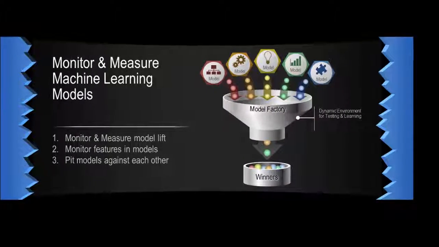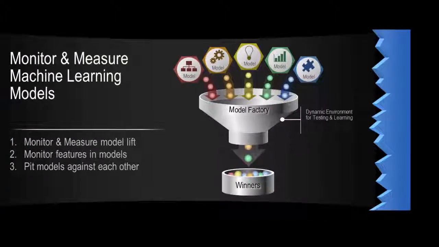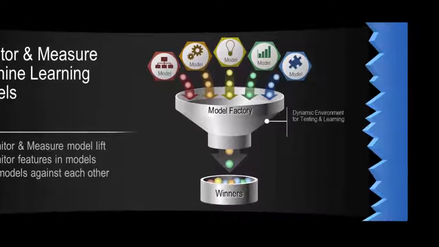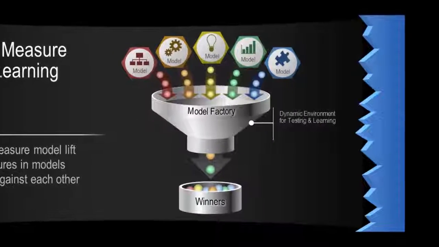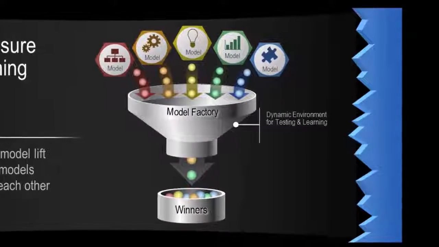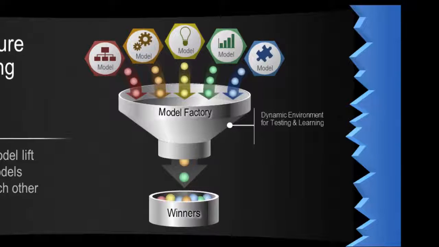Next, pit models against each other. Okay, different models for different problems. Bayesian might be very good for response kinds of models. Regression models can be good for certain kinds of forecasting. Decision trees can be good for things like clustering. And genetic algorithms.